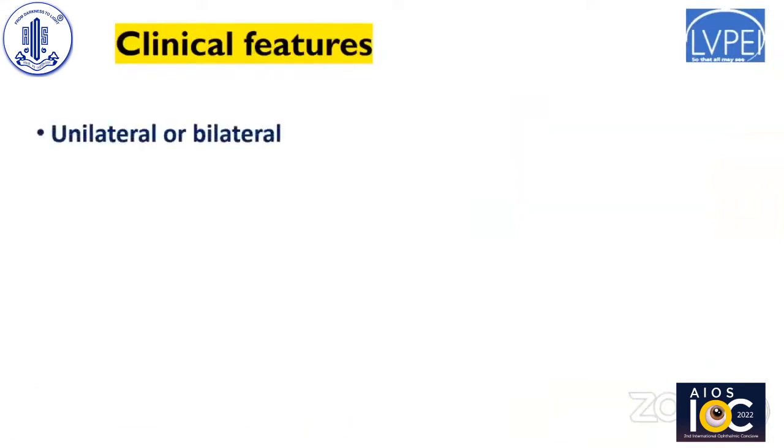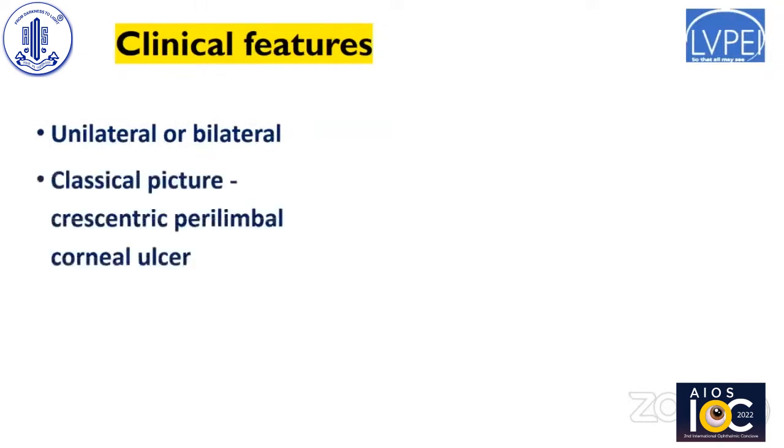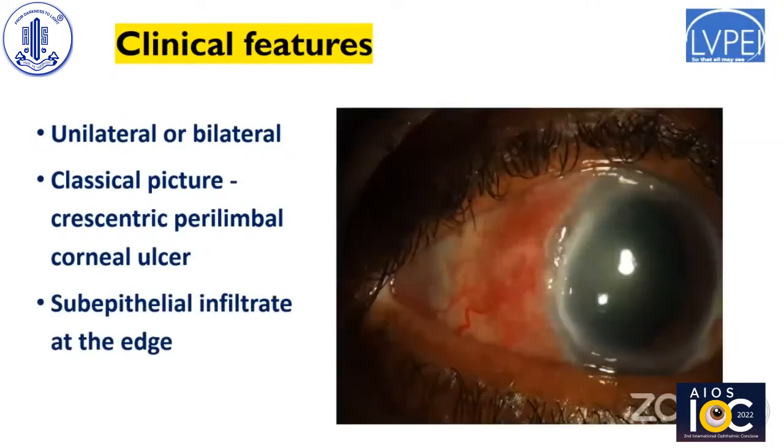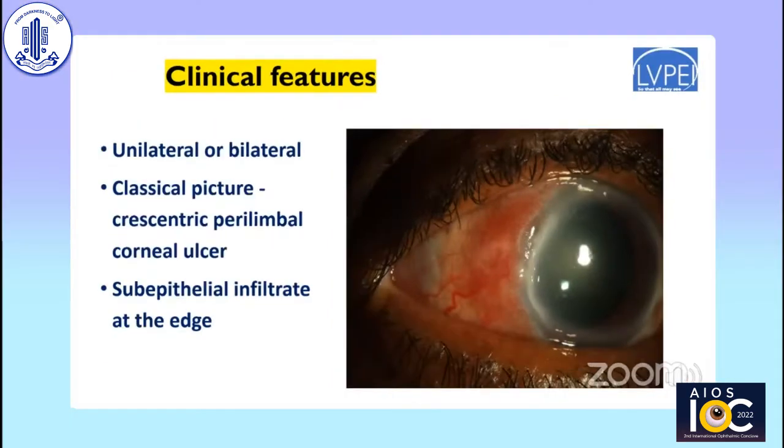It can be unilateral or bilateral disease. The classical picture that we would see would be a crescentic perilimbal corneal ulcer with subepithelial infiltrate at the edge of the ulcer, as can be noted in this clinical picture of a patient with peripheral ulcerative keratitis. You can also note here that the adjacent conjunctiva and perhaps even the sclera shows inflammation.